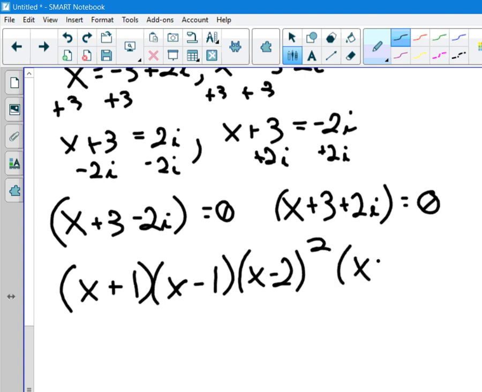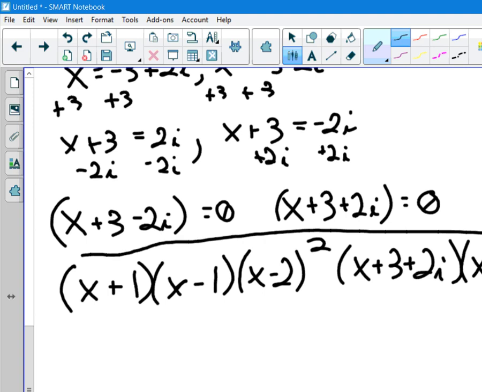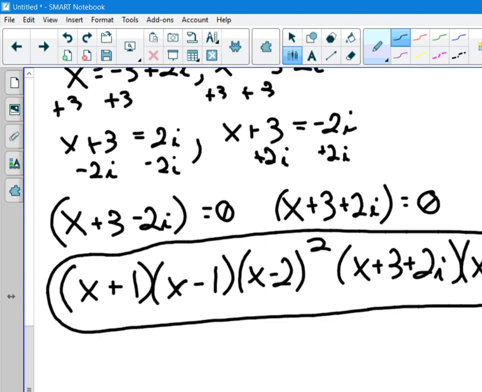And then x plus 3 plus 2i times x plus 3 minus 2i. And this is the final answer. But if you can't quite go that far, that's okay. I hope this helps, and good luck.